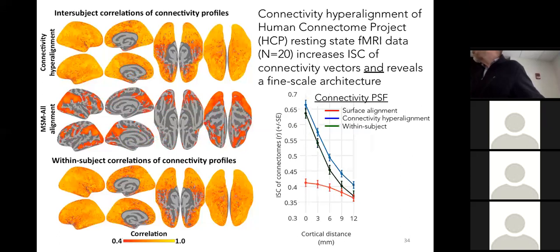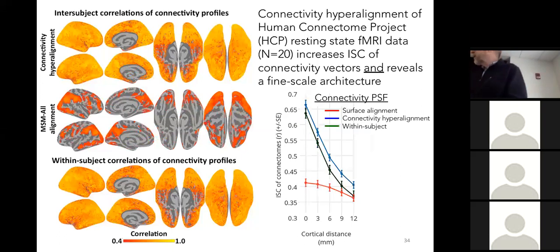And now we can compare that to the within subject correlation of connectivity. So we can calculate connectivities for a given subject from one set of data, 20 minutes of resting state data, and then we can calculate connectivity in the same subject's brain with independent resting state data from other scan sessions.